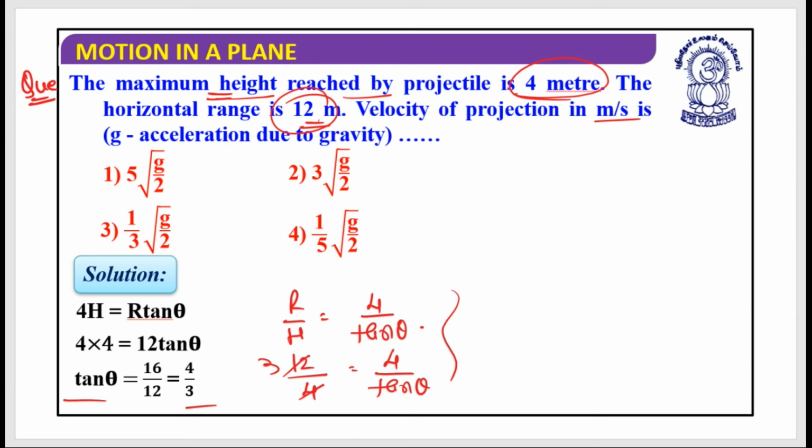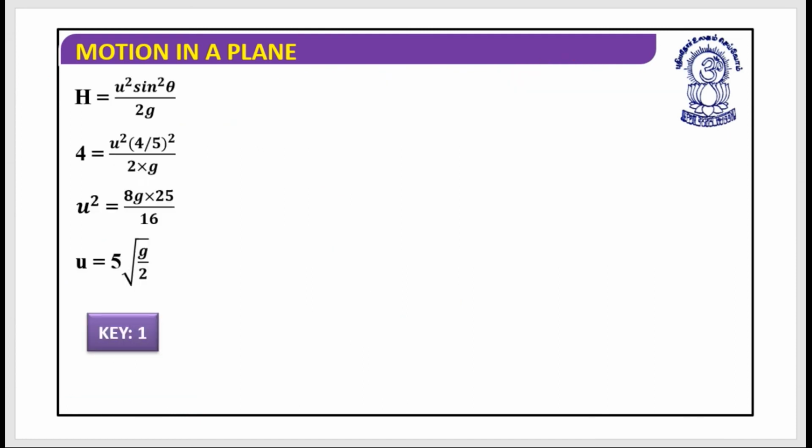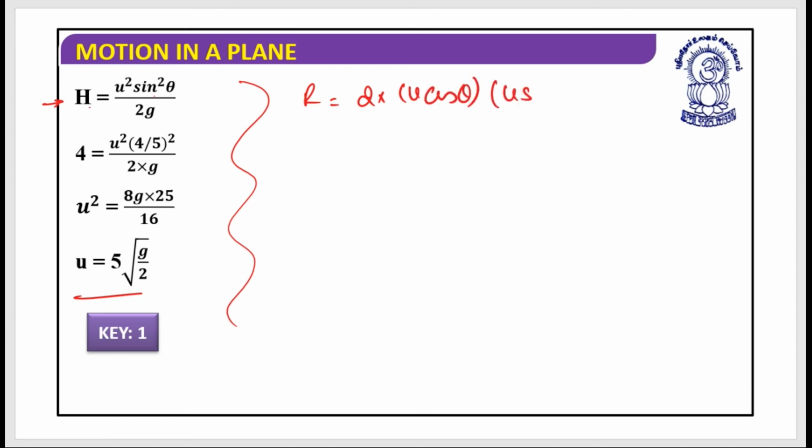This gives tan theta as 4 by 3. Now what do you require? You require the velocity of projection. Now you are having the range and you are having H max. You can use any of the relations, such as here I have used H equal to u squared sine squared theta by 2g, and replace the values and get the answer. Even the range, equal to 2 multiplied by u cos theta multiplied by u sine theta divided by g, can be used.